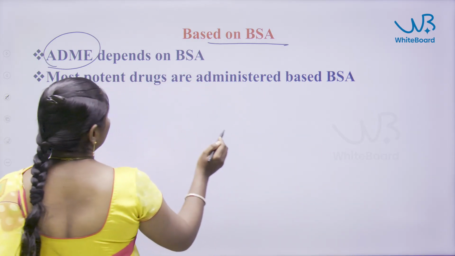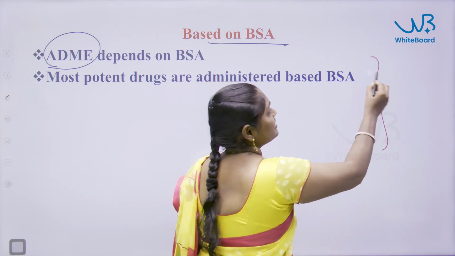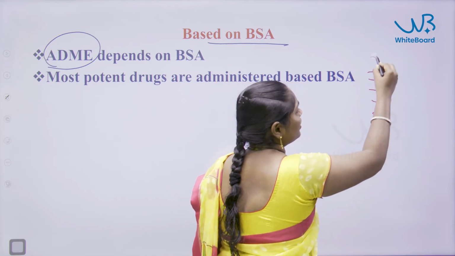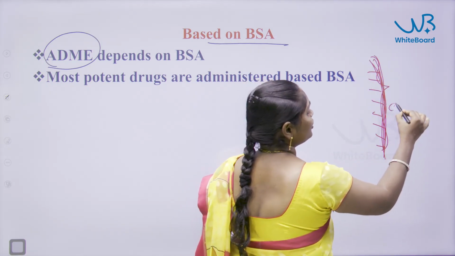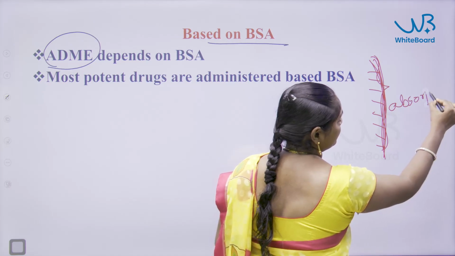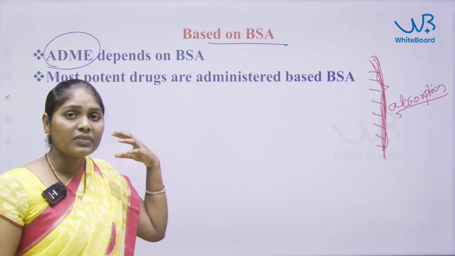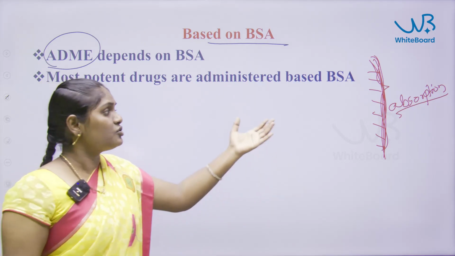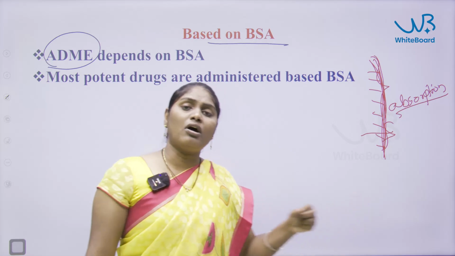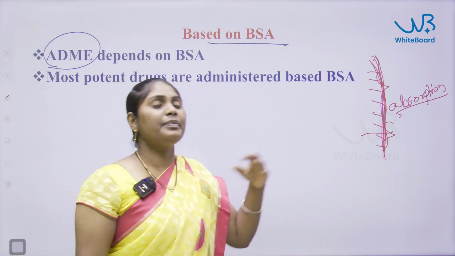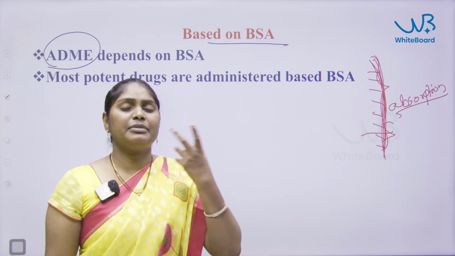In simple terms, if this is the surface area of your stomach or something, then based on this surface area, your absorption is dependent, and based on this, your distribution is dependent. Absorption is the first step, so the remaining steps are dependent on it. If absorption is more, distribution is more. If distribution is more, then metabolism is more.